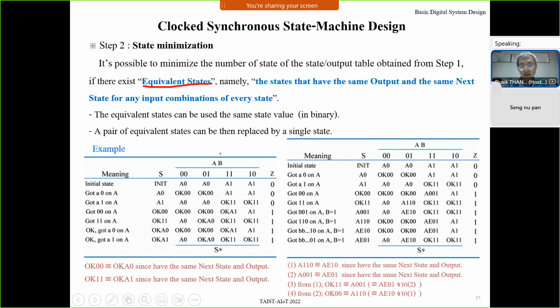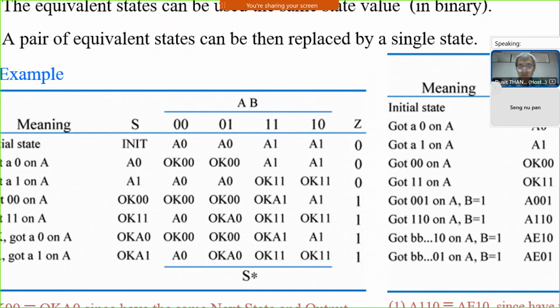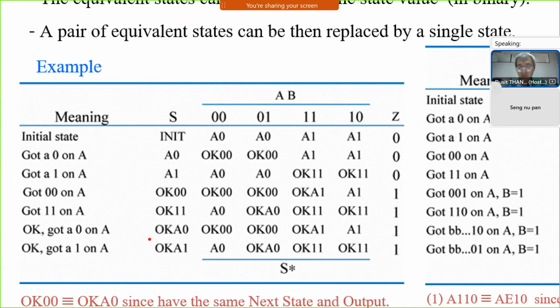What is an equivalent state? Equivalent states are states that have the same output and the same next state for any input. For example, look at this one. For state OKA1, the next state when input AB is 0, 0 is A0, right?